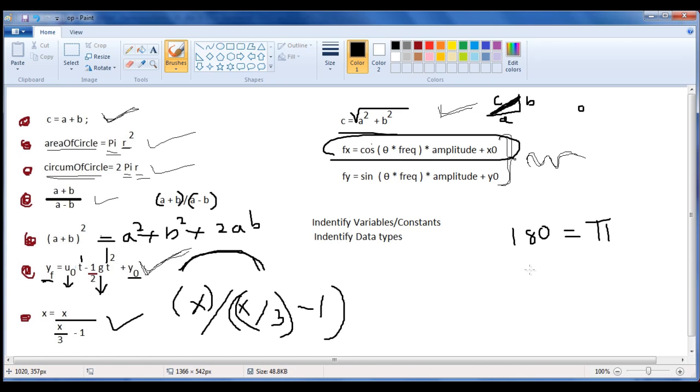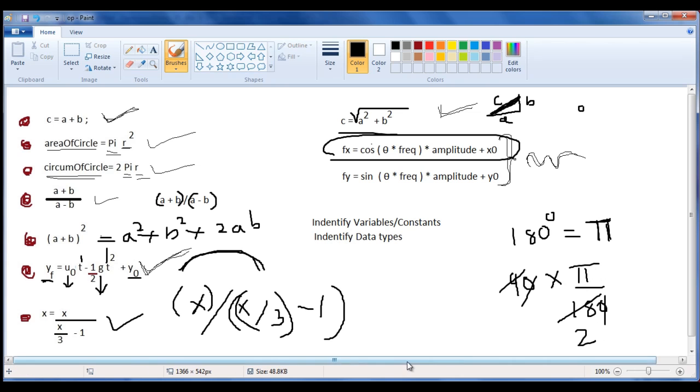So pi is the most important for us now. Let us take 90 degrees. To convert it to radian, you multiply it by pi radians divided by 180 degrees. The zeros cancel, 9 ones are 9, 9 twos are 18, so the result will be pi by 2. You have to multiply your degree with this value, pi by 180.